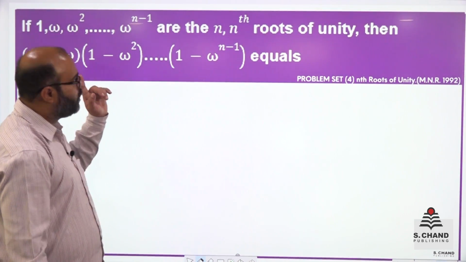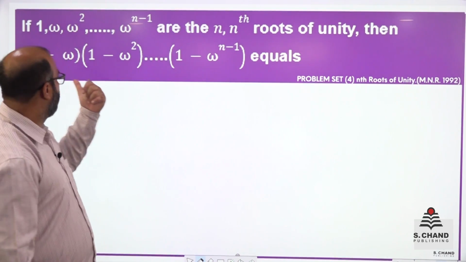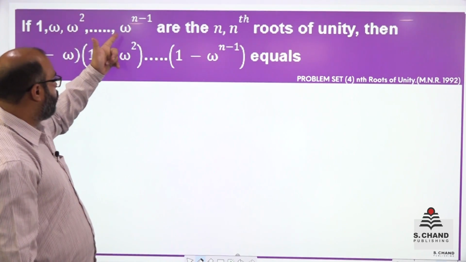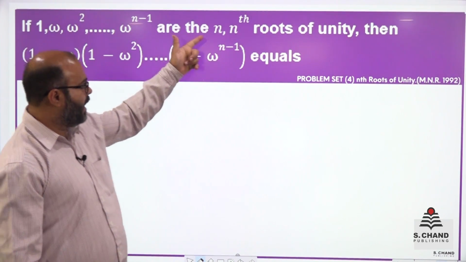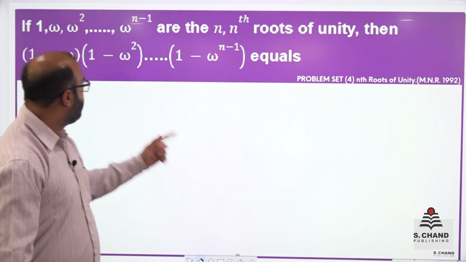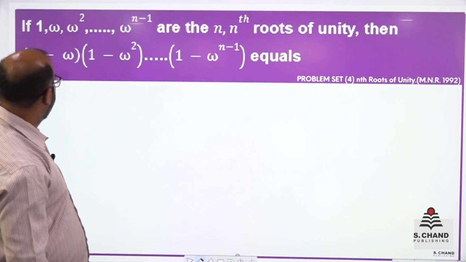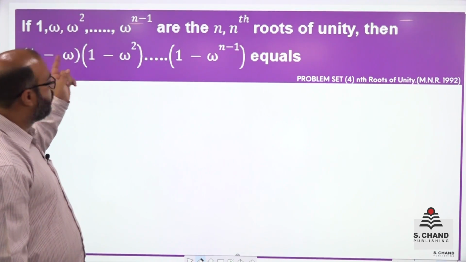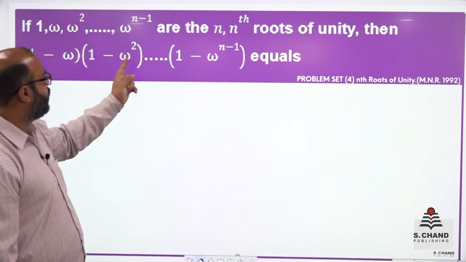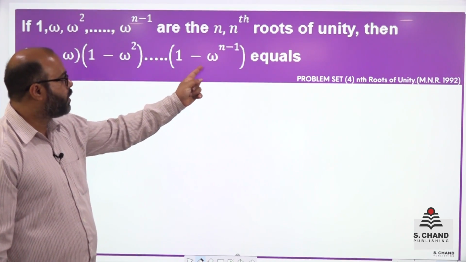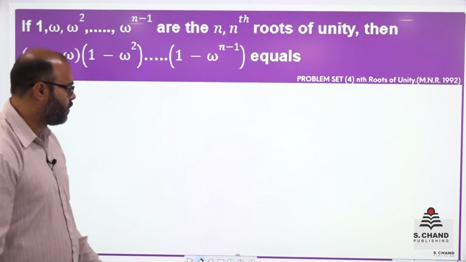This is one more question about nth roots of unity. 1, omega, omega square till omega to the power n minus 1 are the nth roots of unity. Then you have to find 1 minus omega into 1 minus omega square dot dot dot into 1 minus omega to the power n minus 1 equals.